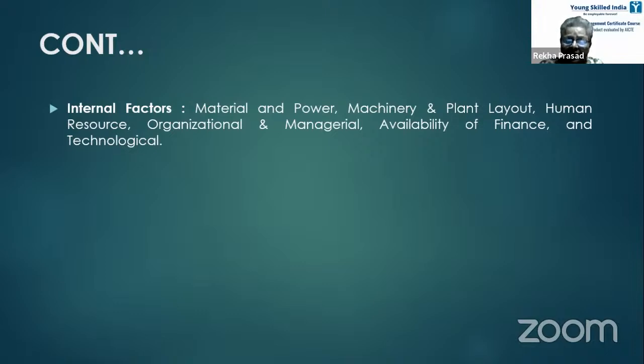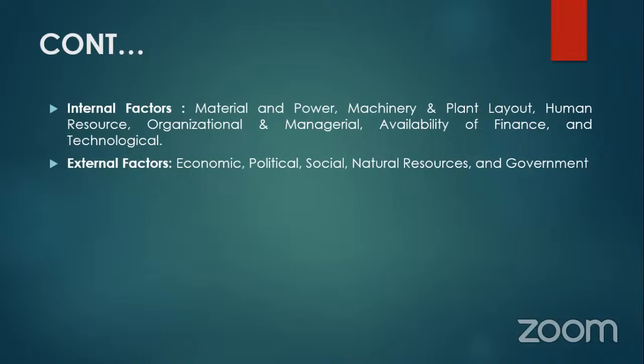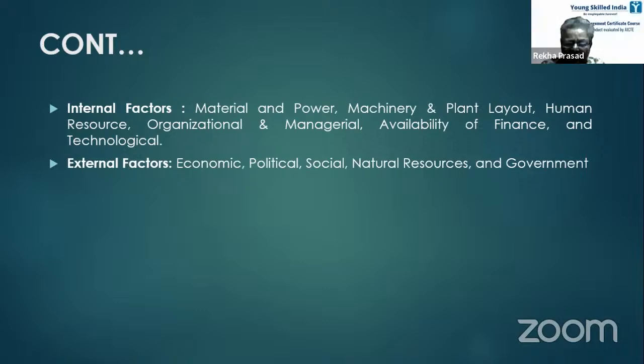Then from where, because without finance nothing can be done, from where to get the finance, and naturally the technological. What type of technology you need for working the things which you want to produce. Then you have external factors like economic factor, that is not under your control. Political factor is also not under your control.